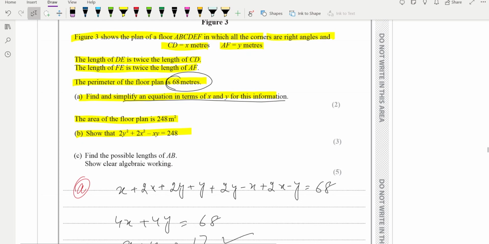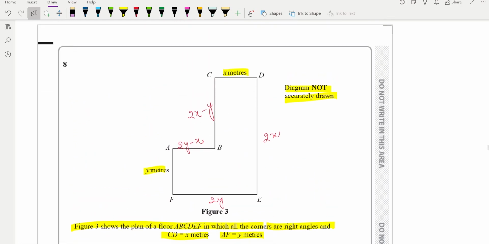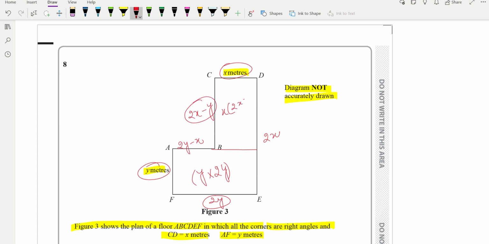So for that, we can split this area into two shapes. This area will be y multiplied by 2y, one side multiplied by the other side. For this one it will be x multiplied by this side, which is 2x minus y.